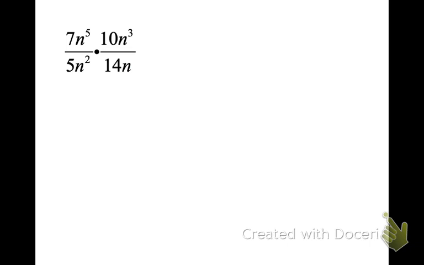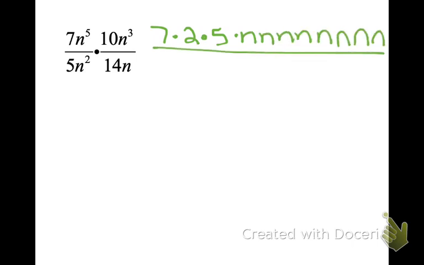So this problem could be tackled in a number of ways. Some of you might decide to factor everything. So we would say 7 times 2 times 5, and then we have 8 n's, 1, 2, 3, 4, 5, 6, 7, 8, all over 5, 2 times 7, and we have 3 n's, 1, 2, 3.